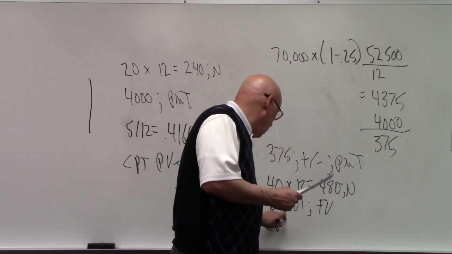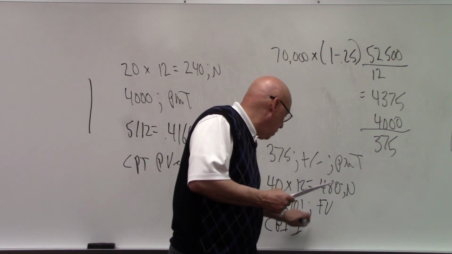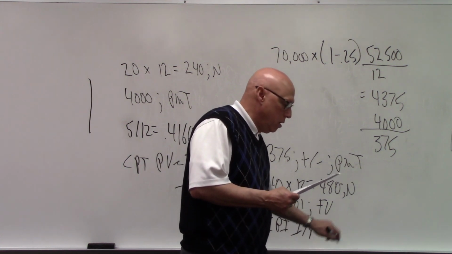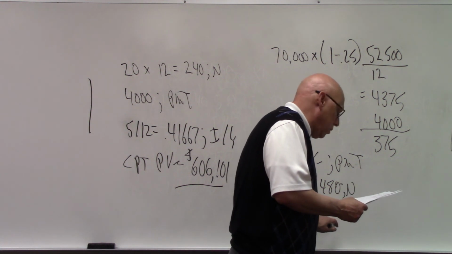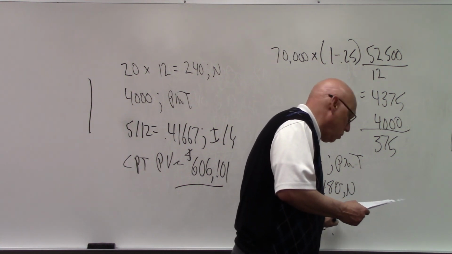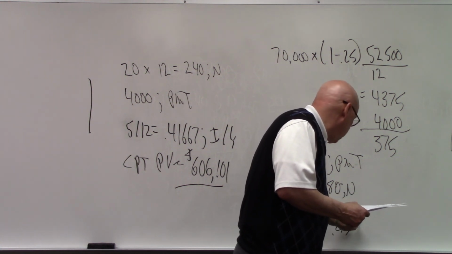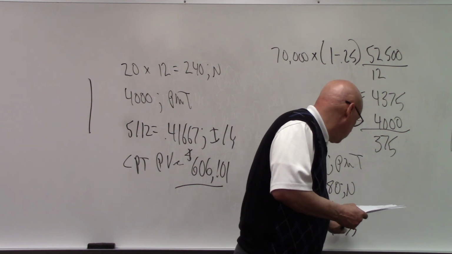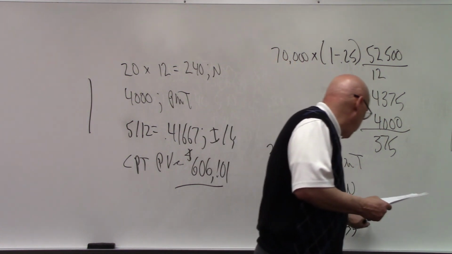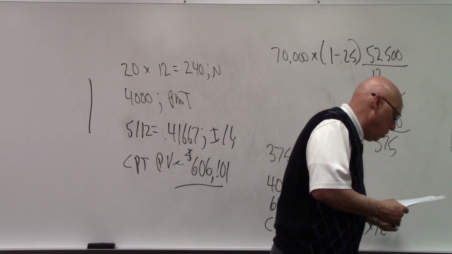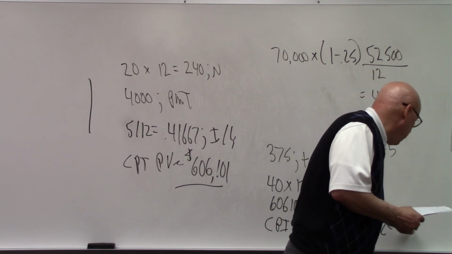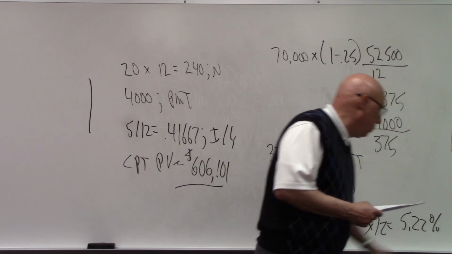Compute I/Y, and you get 0.435, okay, times 12 equals 5.22%.